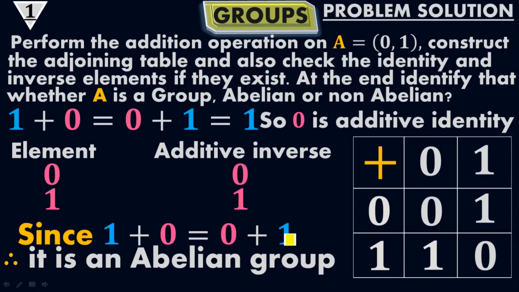So we can see that set A, which is a non-empty set, satisfies all the five laws of addition, because we have performed the addition binary operation.